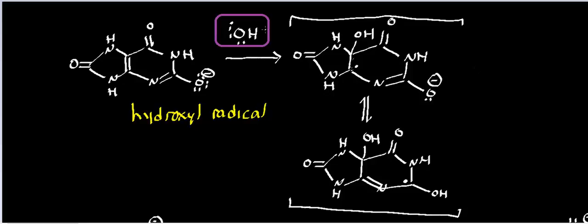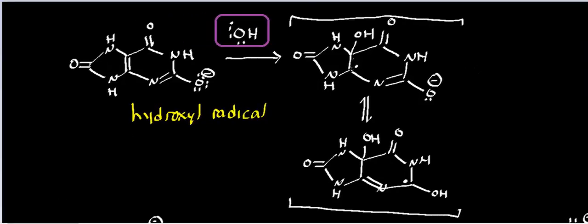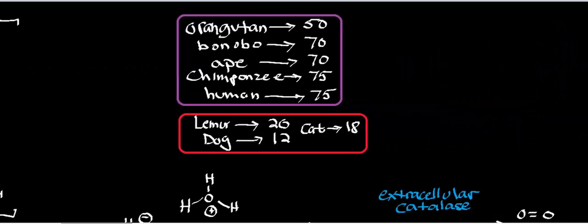But here's the idea that I want to sort of drive home. The idea is that these urate molecules, and specifically this is the deprotonated form. If you need help with urate oxidase and urate properties, I highly recommend you go watch the previous video. But this is the urate form, the deprotonated state. So here's the idea that I want to drive home.